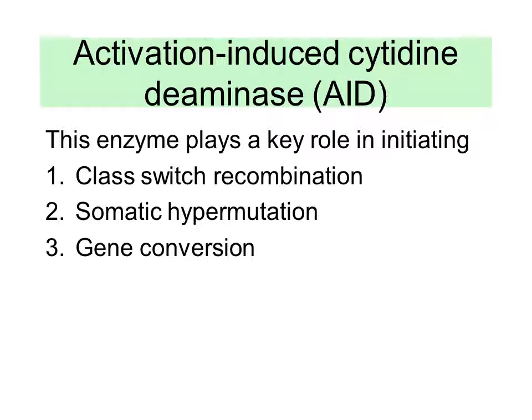Number two, as I've been saying over and over again, the variable region of the H gene in an antibody or Ig molecule is coded by three separate genes. We refer to them as V variable, D diversity, and J gene segments.